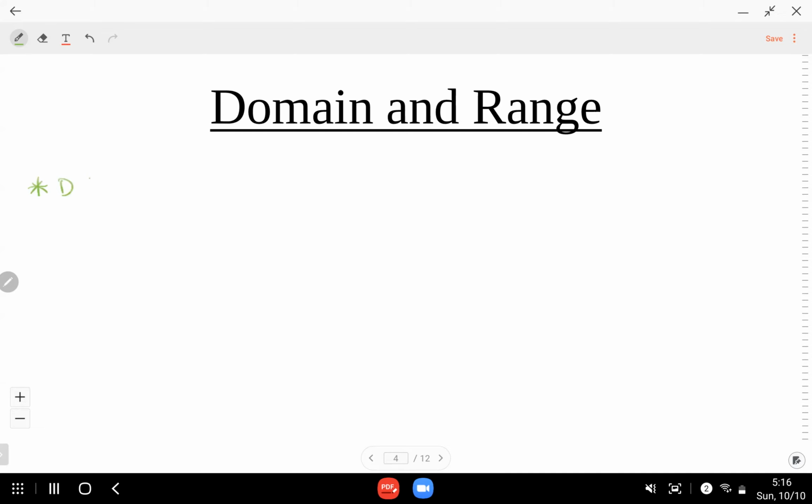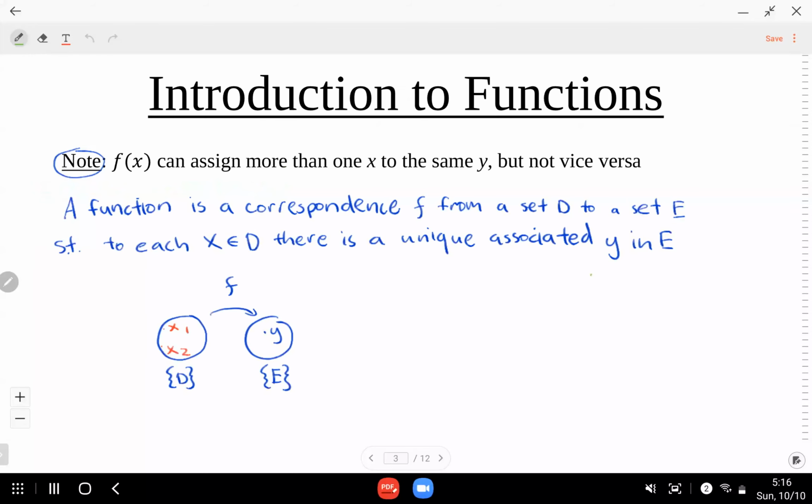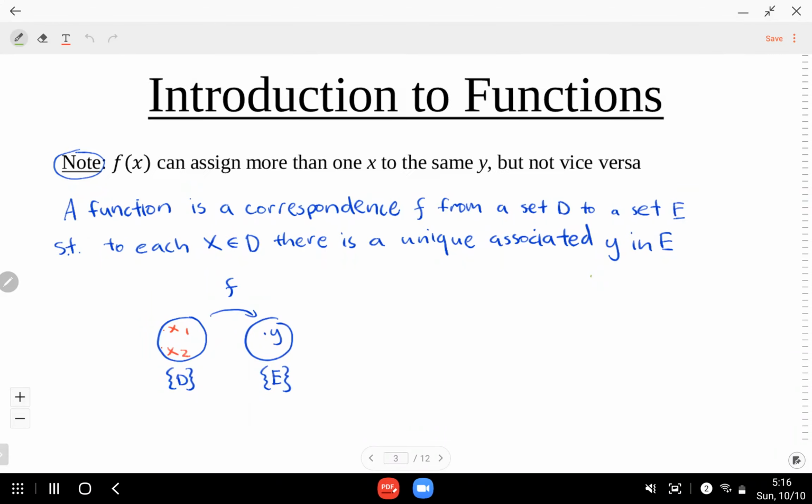D is the domain of F. You see this set here? Any x in D is part of the domain.